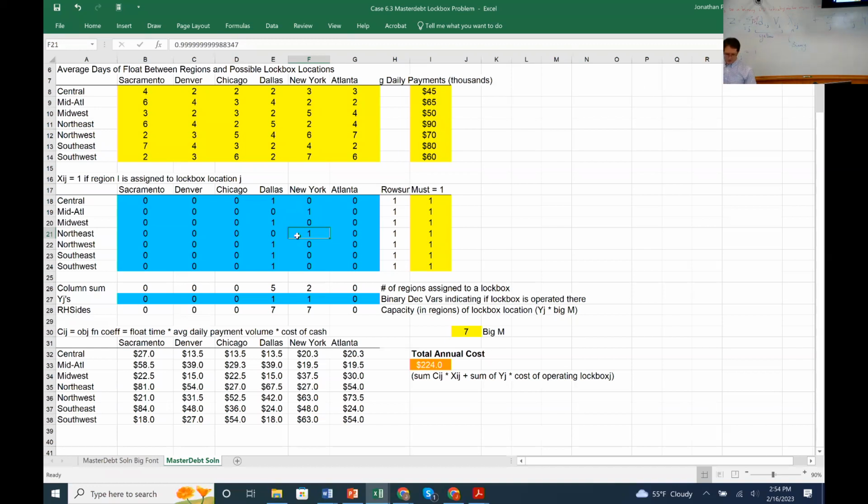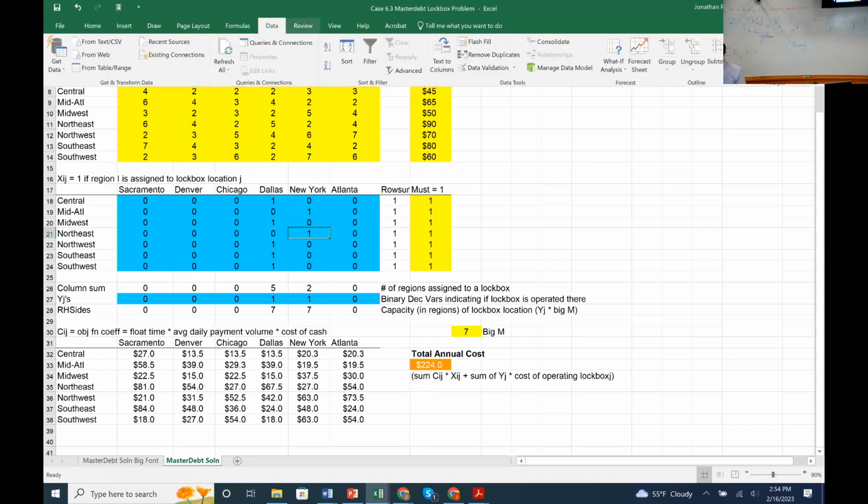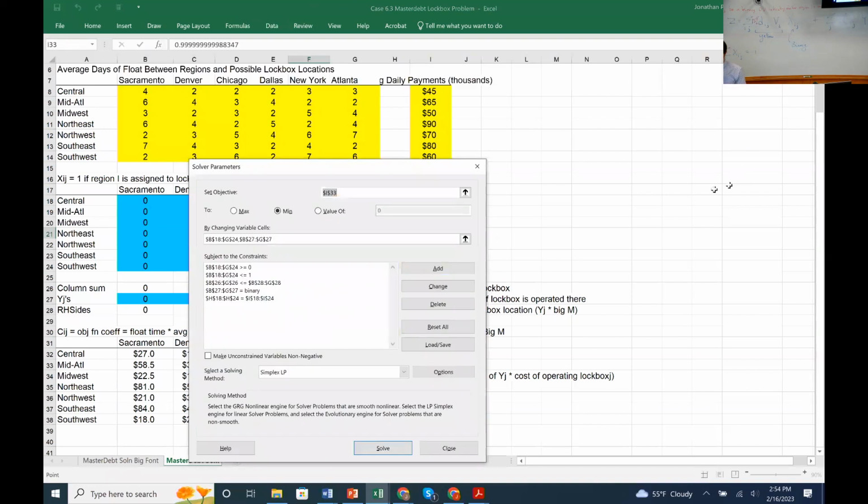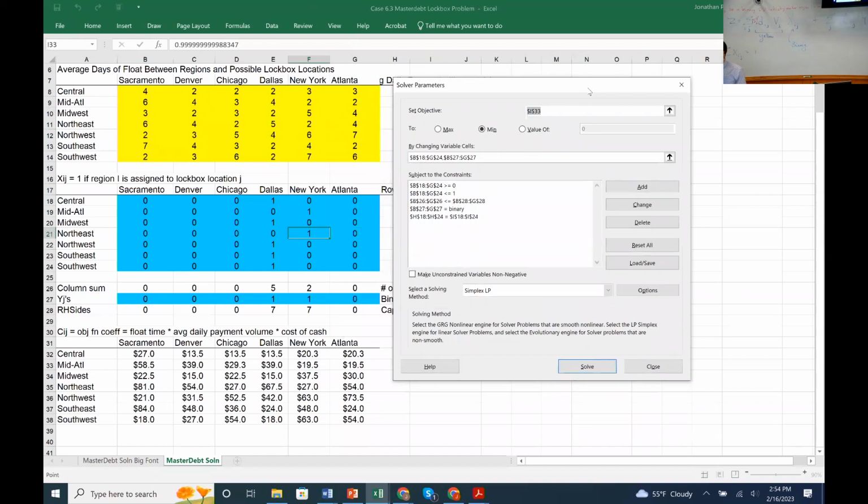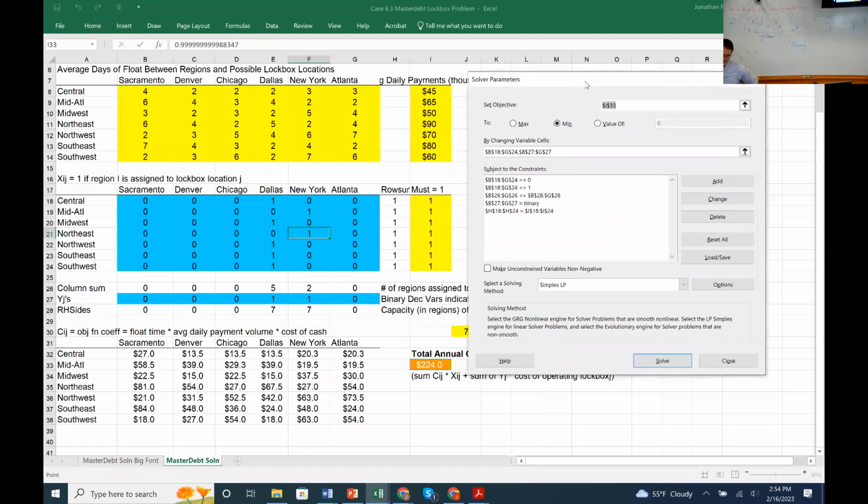Here's a little trick or twist that there's no way I would have expected you guys to realize. But if you squint really hard, you'll see that in the constraint list there, it says the Y's in row 27 must be binary. But nowhere did I say that the X's have to be binary.